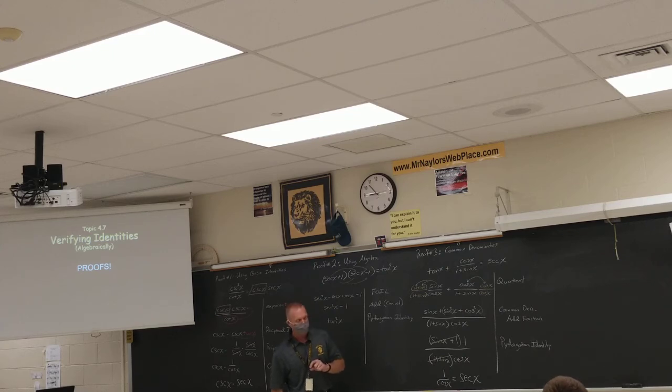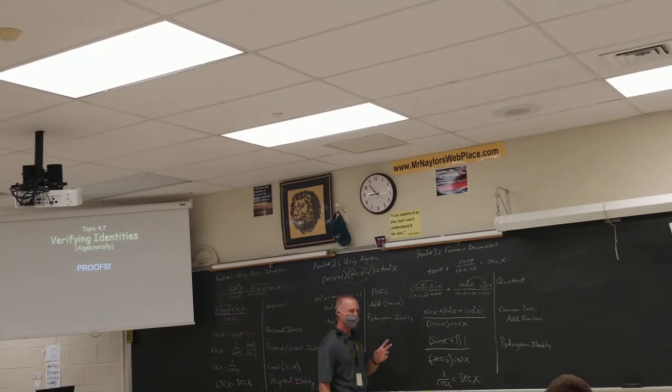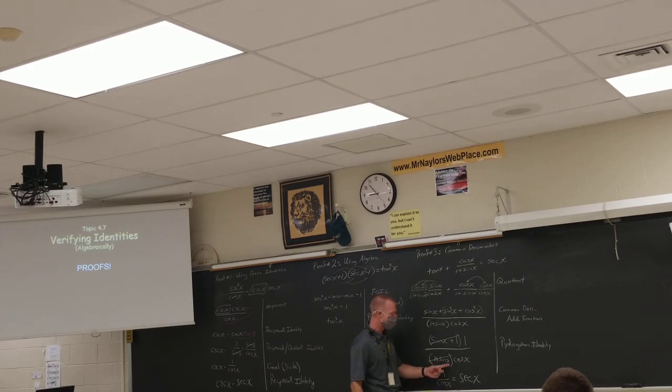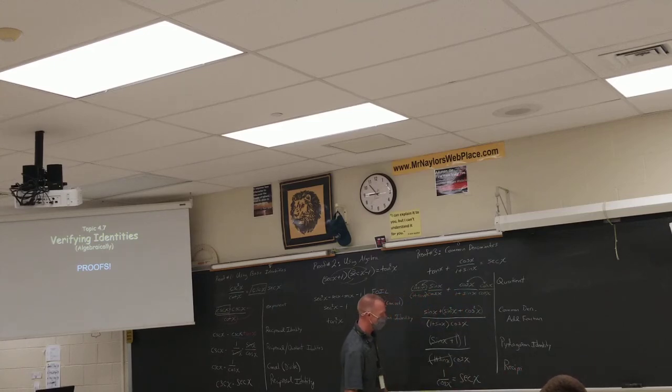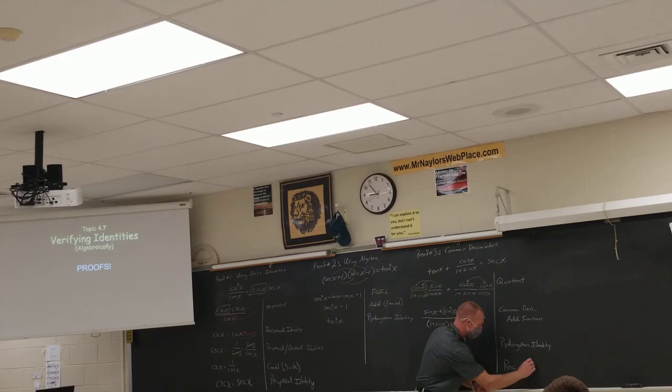Okay, just so you know, when I eventually grade your proofs, I'm definitely going to be looking for that word Pythagorean. If you accidentally miss, maybe like what happened here, we did a reciprocal, if you accidentally miss that, I'll probably give you a pass. But why am I having trouble spelling this all of a sudden? Reciprocal. Is that right? Something looks funny.